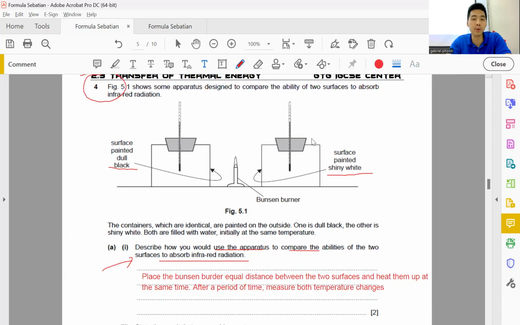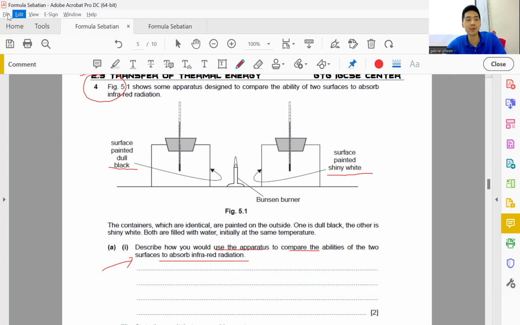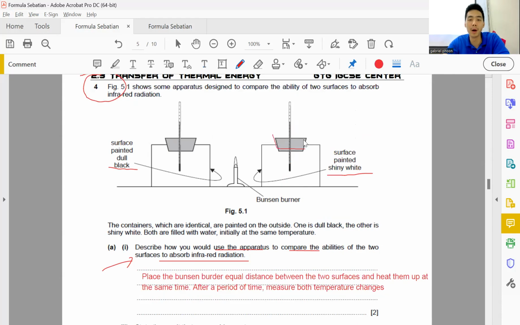If you measure the temperature of the liquid, you cannot have the thermometer touching the surface, right? I mean, it looks more professional. They obviously didn't want to draw the hand there. So you put a rester here, so that the thermometer can rest on top here, and then it can measure the temperature change.